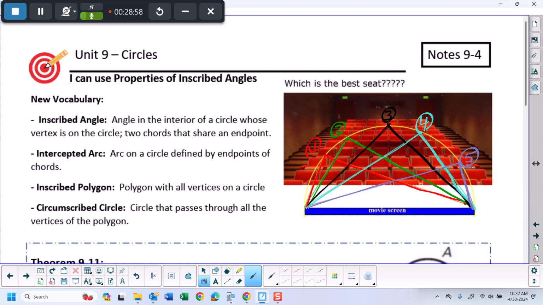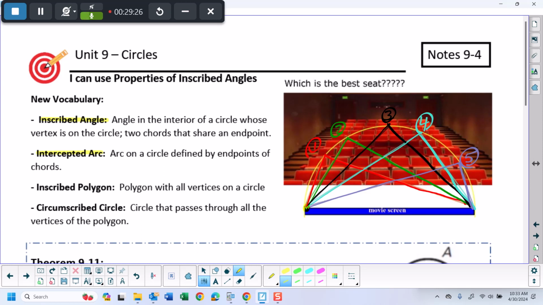Here's the good news. There is no best seat, because every single one of these angles compared to the movie theater is the same. Every single one of these angles is the same because they are all inscribed angles from the same intercepted arc.